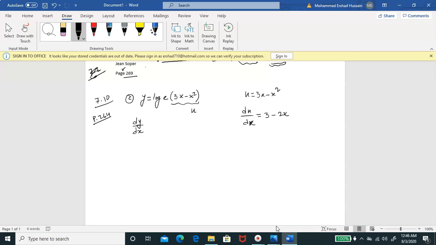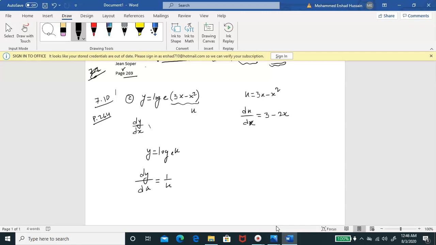Differentiate with respect to x. And now if we make it like u, so y equal to log e u. Now differentiate this one with respect to u. It will be 1 over u.